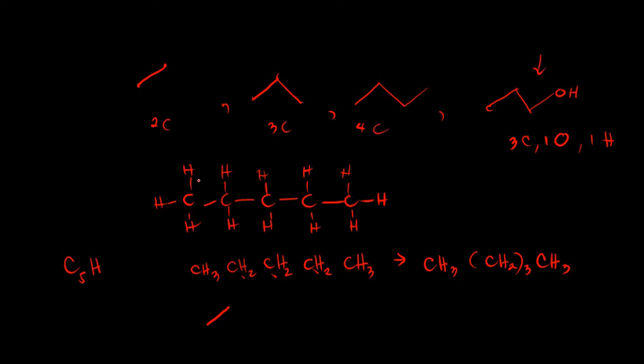And how many hydrogens? 1, 2, 3, 4, 5, 6, 7, 8, 9, 10, 11, 12. There should be 12. So you should have 6 carbons here. So we started with this line, 2, 3, 4, 5, 6. So this is your bond line diagram for this kind of chain or compound.